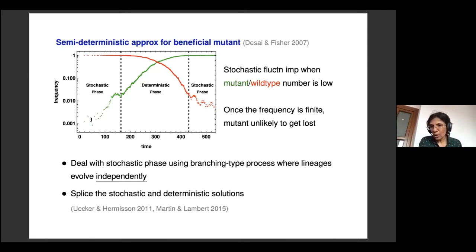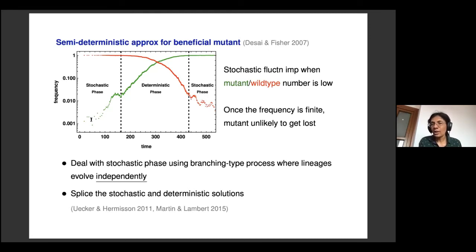So therefore, one can divide the problem into a stochastic phase and a deterministic phase. Deterministic phase you know how to deal with. You just write down your rate equations. Stochastic phase, well, we should write the Fokker-Planck equation, but that Fokker-Planck equation can be simplified.